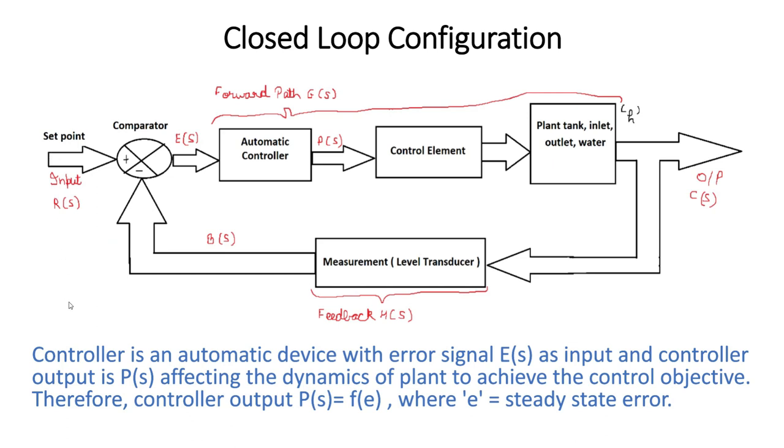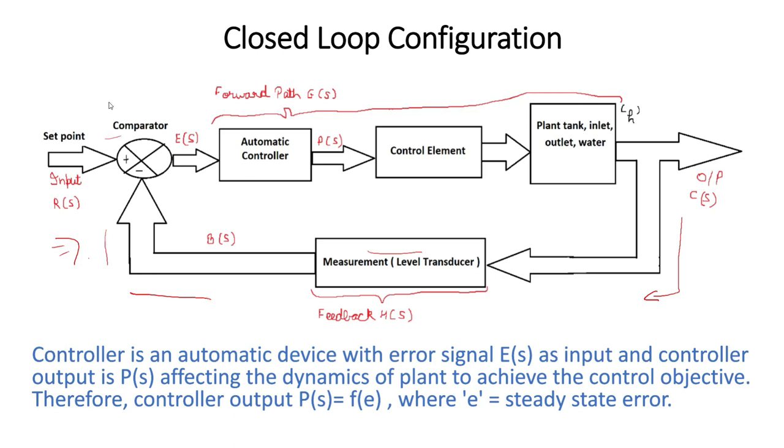So there it was a physical diagram, and here we have a flowchart diagram of what is happening. Here we are taking feedback from the output. It is measured through a level transducer or any sensor, and then it is given back, and here it is compared with the set point or the input.